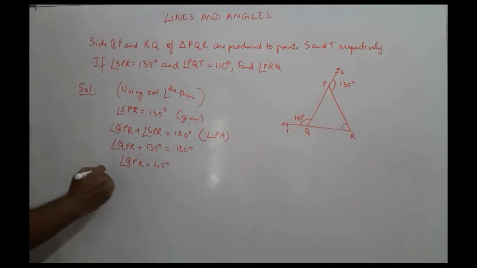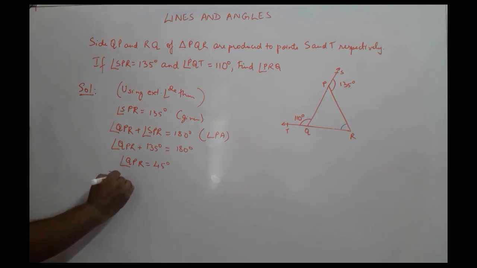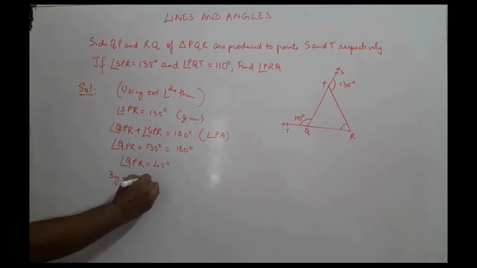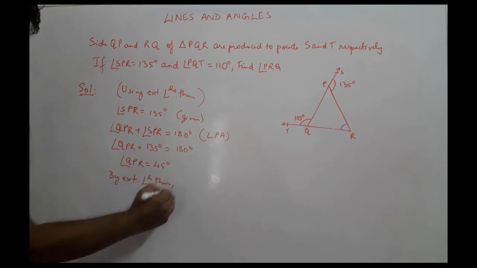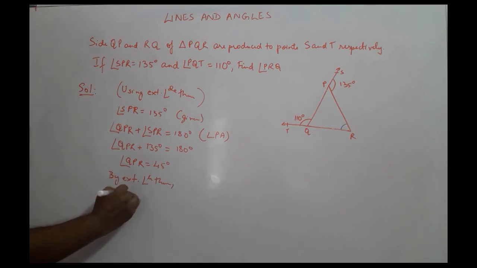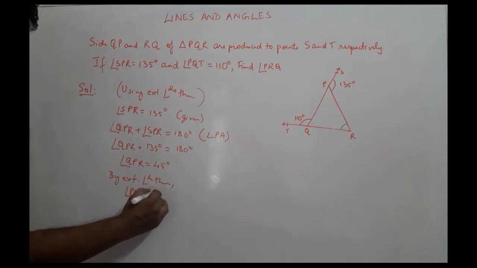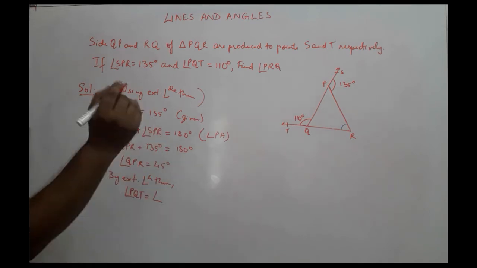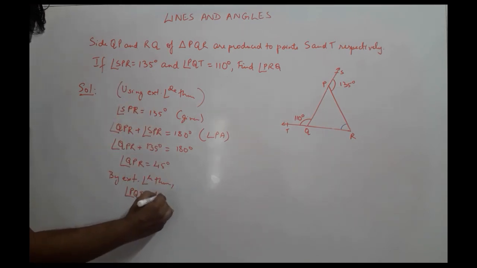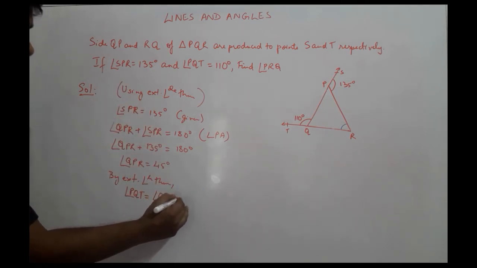So by the exterior angle theorem, I can say that angle PQT is equal to angle QPR plus angle PRQ, the opposite angles.